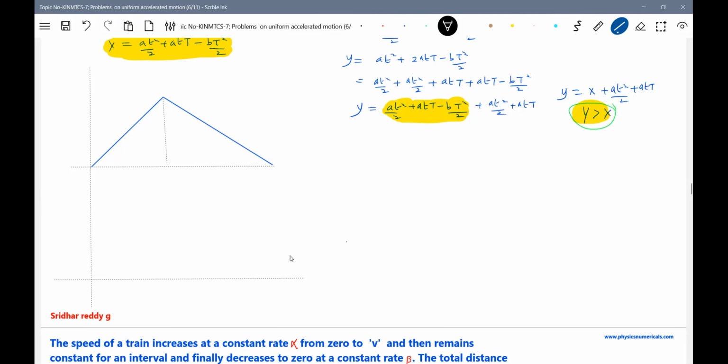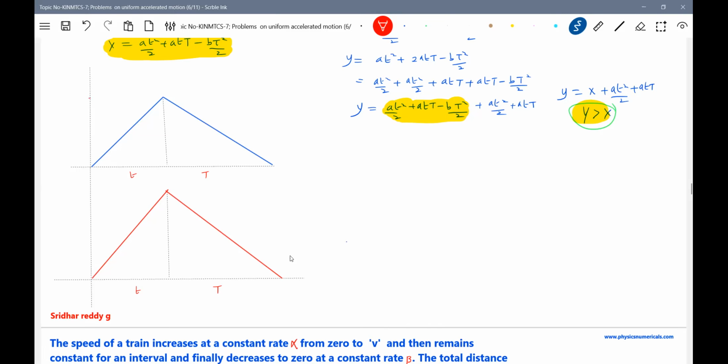The time of journey is the same. The only thing is the velocity attained will be different. This time is the same.